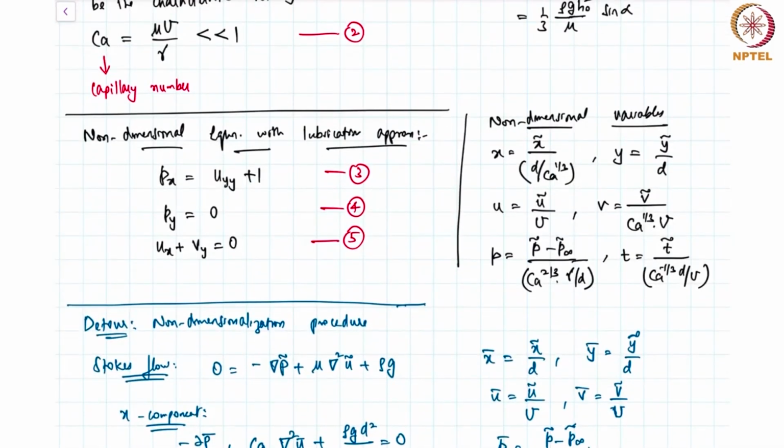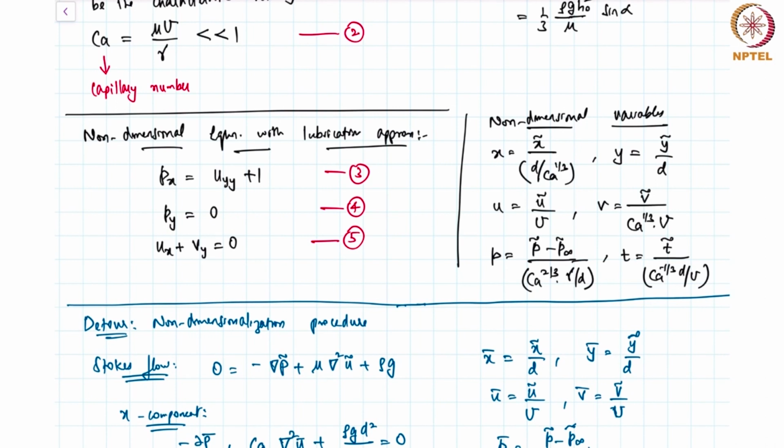So hopefully you can see the rationale for choosing the specific non-dimensional variables. These non-dimensional variables that we have, x tilde going like capillary power 1 by 3 times x tilde by d, and where pressure, we have a capillary power 2 by 3 in the denominator.